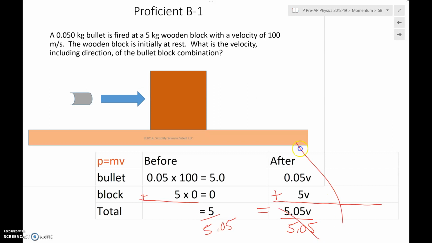That cancels out, and I'm left with V equal to 0.99 meters per second. What we're saying is if I take that 5.05 on the right-hand side and multiply it by 0.99, that's going to be 5, because both of these boxes on the bottom have to be the same value.